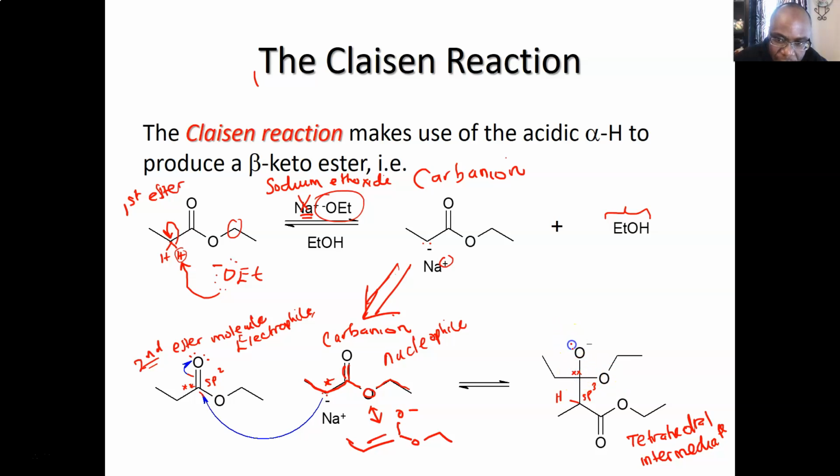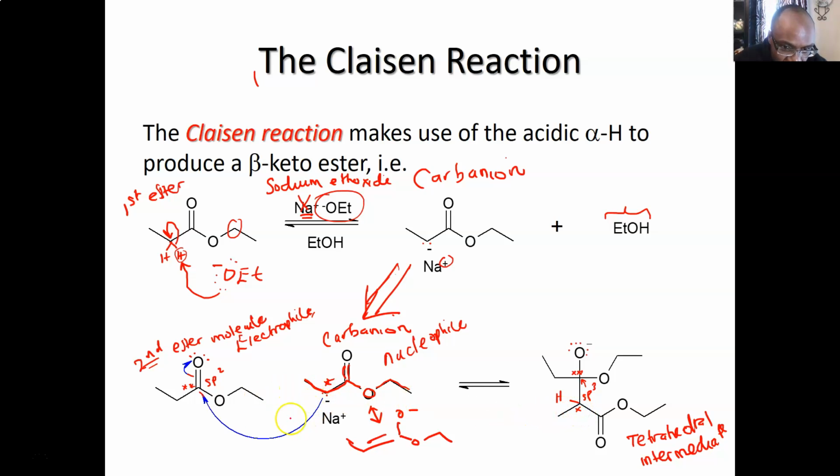How do I know that? The oxygen is now negatively charged. After the carbonyl opens up, you get 3 lone pairs, which is negatively charged. So this sp3 carbon there in the middle is this one. And then the carbon of the carbanion that did the attacking is going to be this one.